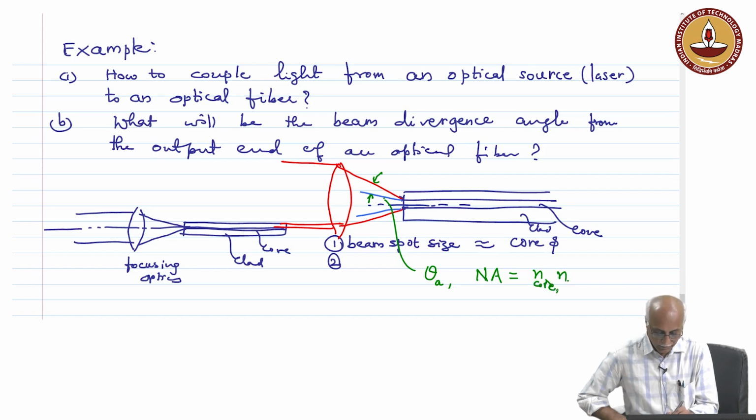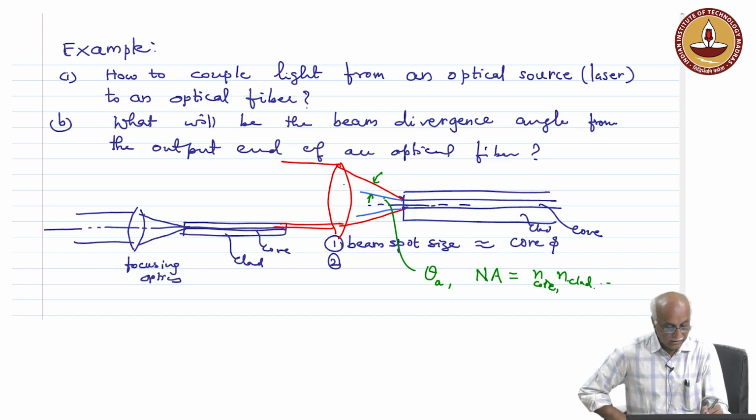And this angle, where the optical beam source is getting coupled with the fiber, is decided based on its own beam characteristics. The lens we use, as well as the beam size before focusing and after focusing, will decide this angle.